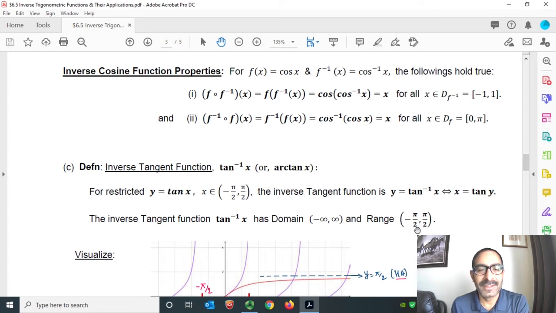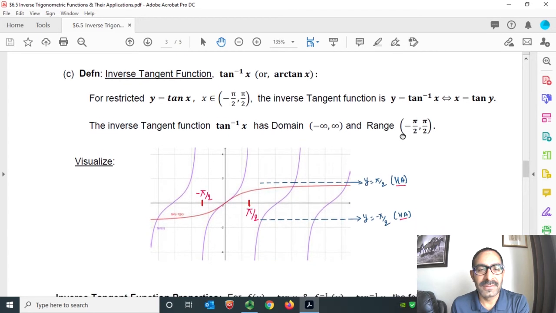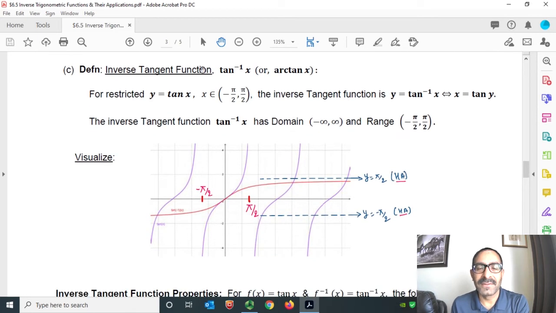Great. Next, let's talk about inverse tangent functions. And keep in mind the tangent function has vertical asymptotes at pi half and negative pi half. So I'm only truncating my domain at minus pi half to pi half. For the restricted tangent function between negative pi half and pi half, I'm excluding the endpoints.